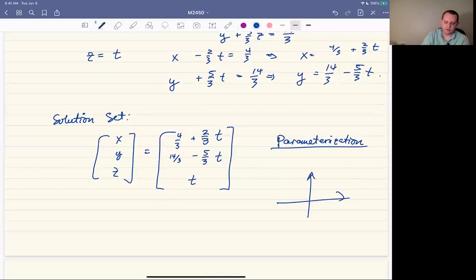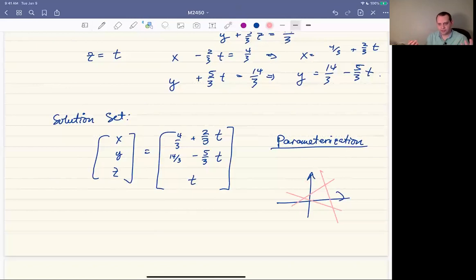I can really only draw in two dimensions, and even that's a stretch. But any two lines that are not parallel intersect at some point, and then a third line may go through that same intersection point, or it may not. In this last case, the third plane doesn't go through that line of intersection.